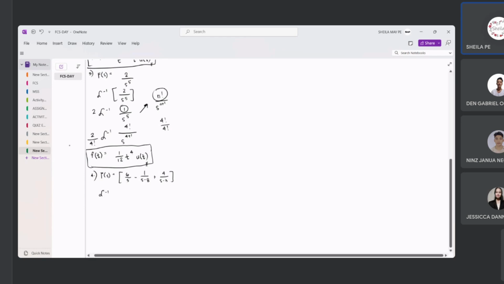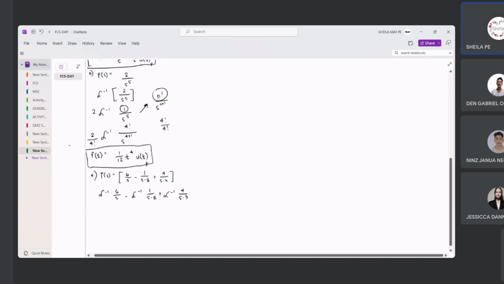Inverse Laplace of 6 over s minus the inverse Laplace of 1 over s minus 8 plus the inverse Laplace of 4 over s minus 3.